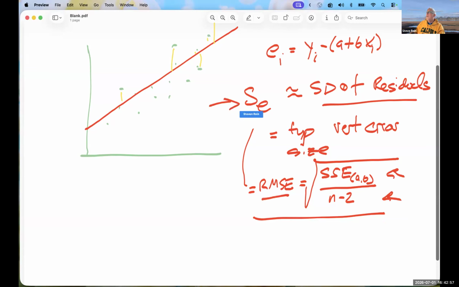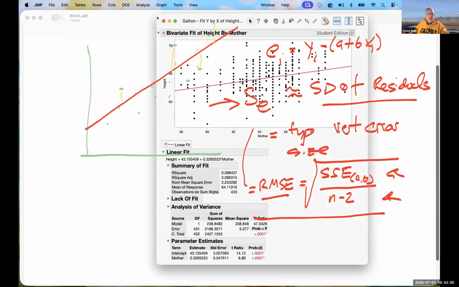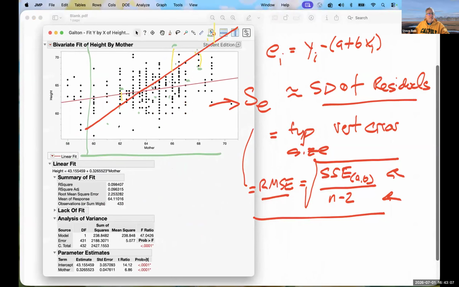Let's show you where you get that inside of JMP's output, because I think I still have that there. Good. Notice over here off the lower left, we have a summary of how well we fit. One of the numbers that we have is root mean square error. Literally, how far off am I?